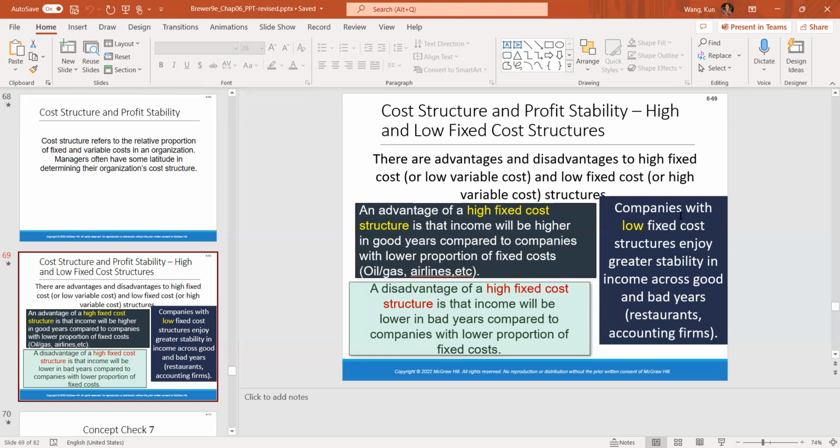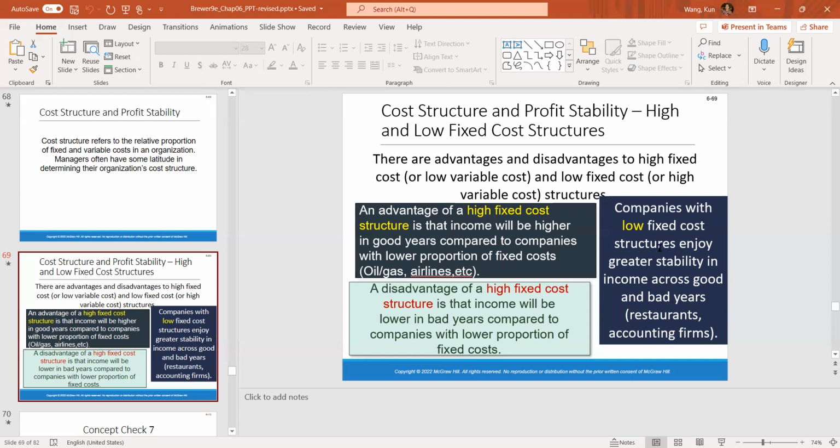On the other side, other types of industries such as restaurants, retail stores, and accounting firms have higher variable cost, like the inventory cost, supply cost, and labor cost, but a relatively low fixed cost. Most of the time they rent their operation, like the small building, right, for their operation, or rent their office spaces.